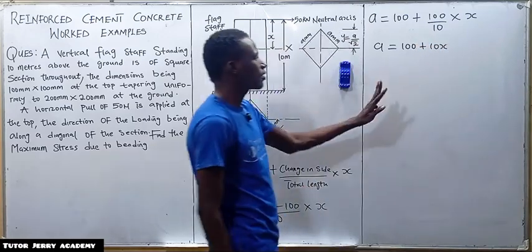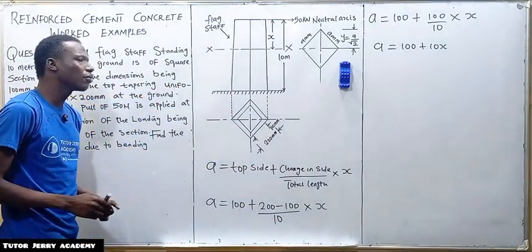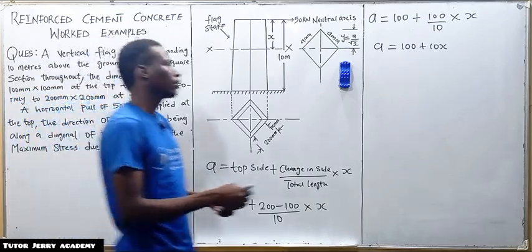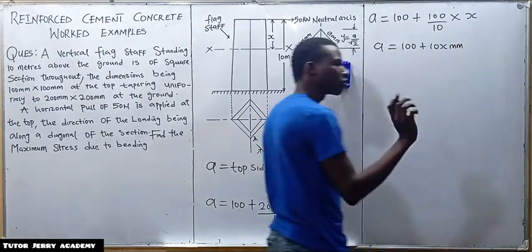This is in millimeters. Don't forget, all our values are in millimeters. This is our value for A, so take note of it.